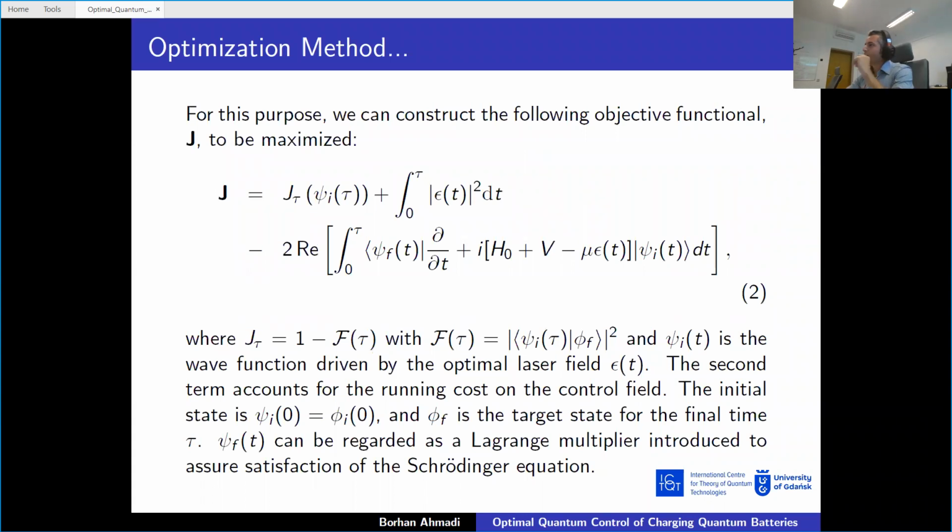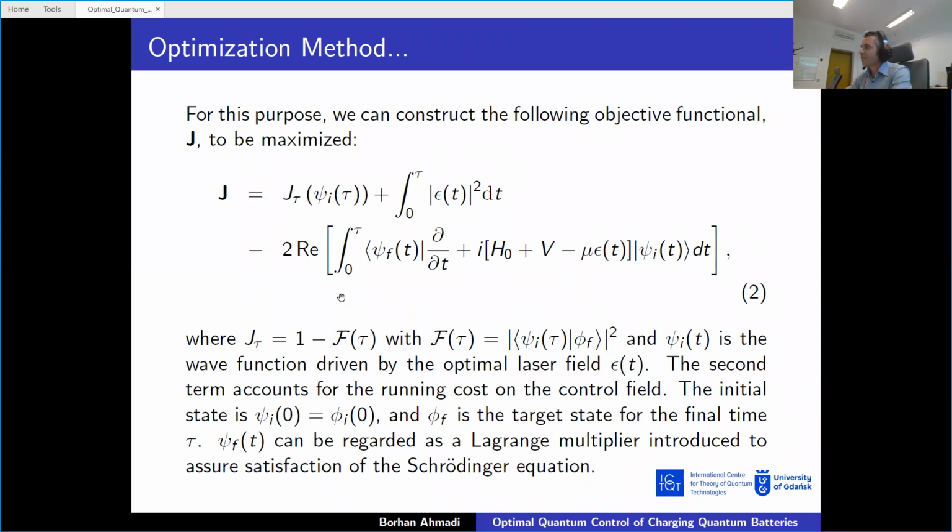Okay, in order to do this, we construct the following functional J. The first term on the right-hand side is the fidelity between the desired state, the target state, and the final state of the system. The second term is the running cost on the control field.